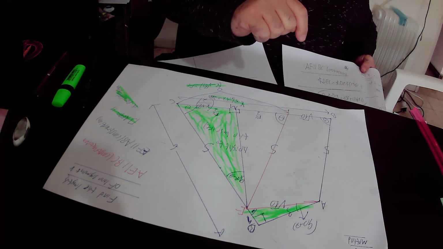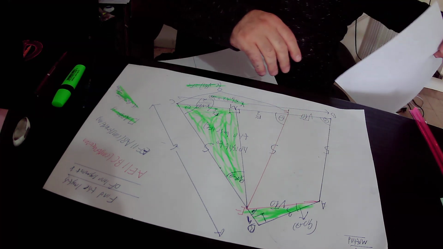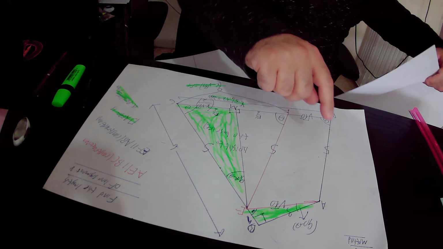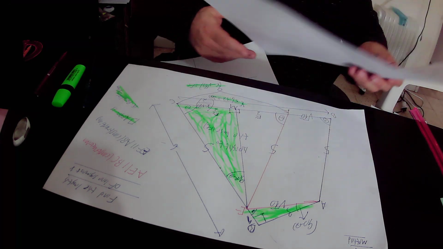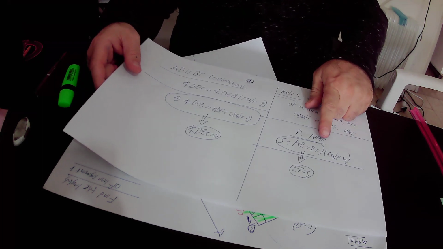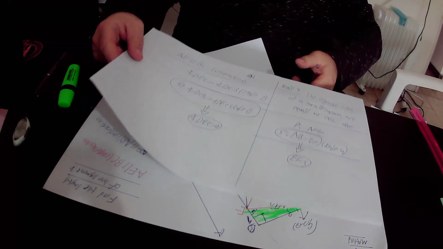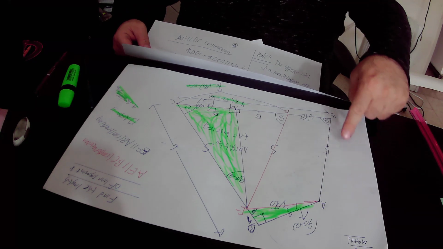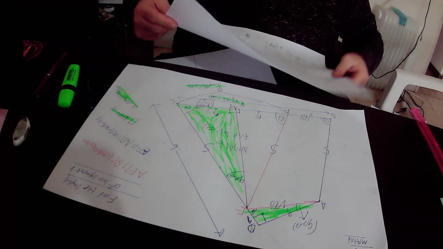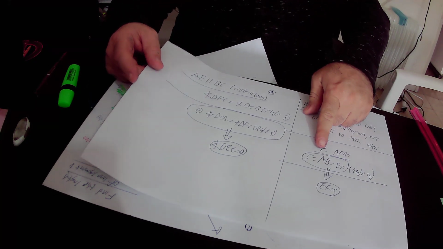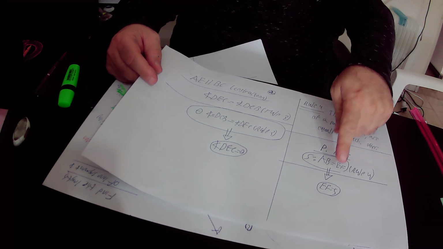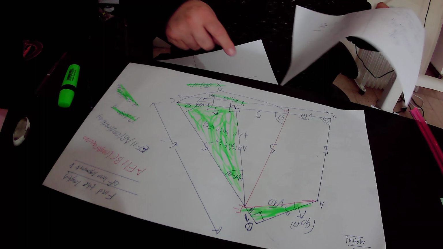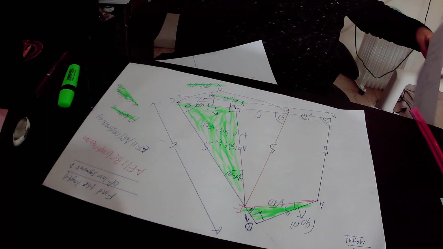That is to say, AB is equal to EF according to rule number 4. But according to what is given in the question, AB equals 5. From 5 equals AB equals EF, we will derive that EF is also equal to 5.